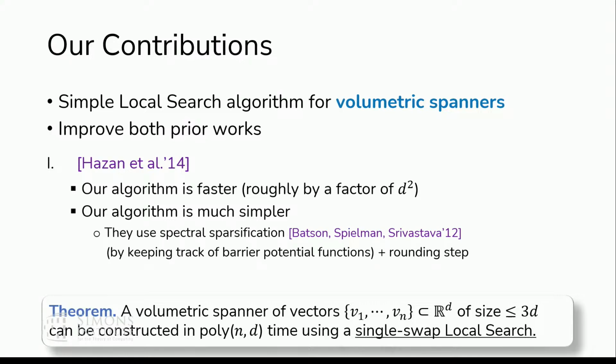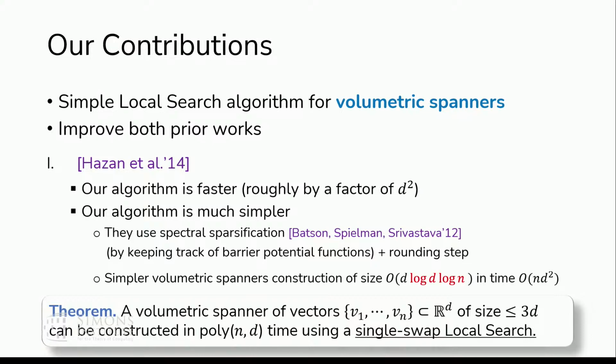But the main thing is that our algorithm is much simpler. To get a sense, they use the spectral sparsification by Batson, Spielman, and Srivastava, which is very heavy machinery, and they need to keep track of a barrier potential function and then do some rounding afterwards. So it's quite heavy machinery. And actually, they themselves also had a simpler construction for volumetric spanner, which uses order d times log d log n.